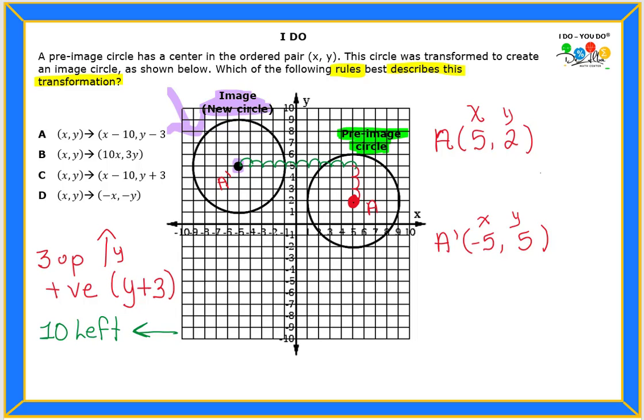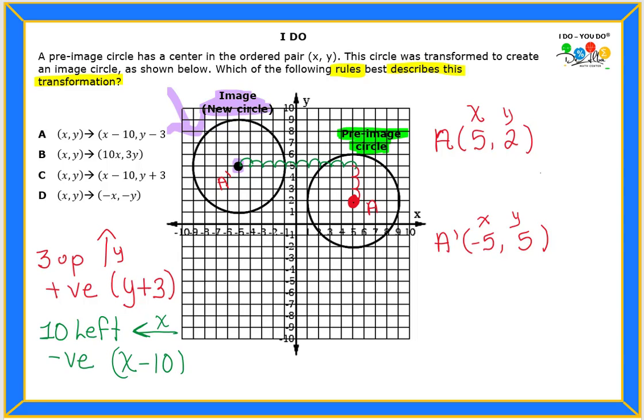If it goes to the left, that means negative. Does that arrow run like the x or the y axis? It's running horizontally, so I can relate that to x. That's my second part of the rule: x minus 10.